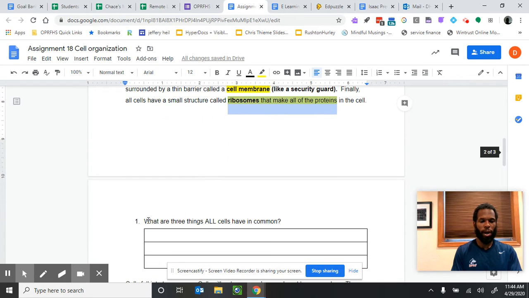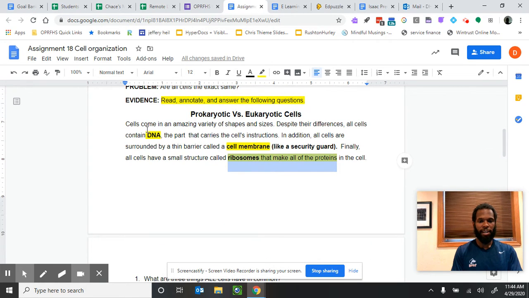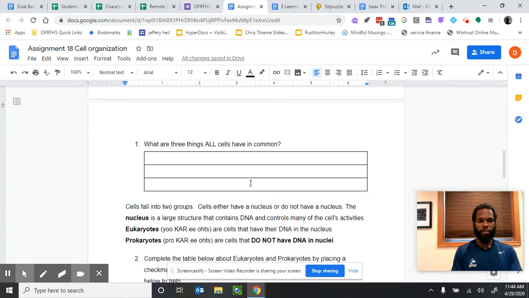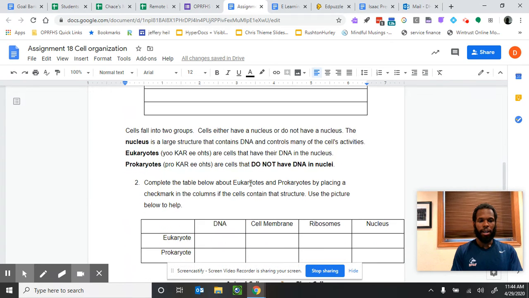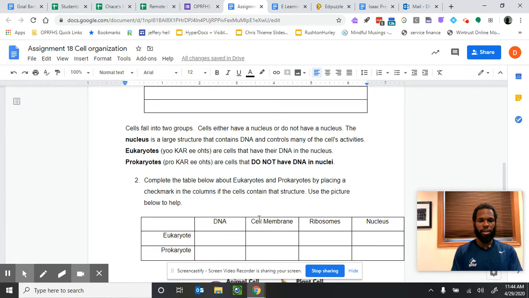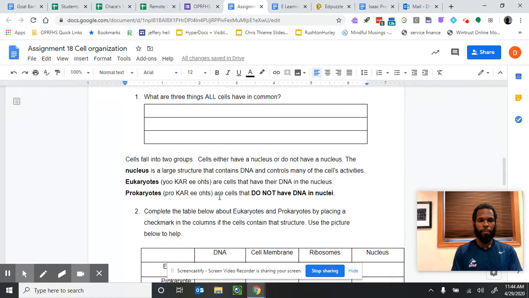So question number 1, what are 3 things that all cells have in common? We just read about it. We just highlighted it. DNA, cell membrane, and ribosomes. Now let's read this question first before we do this reading here.